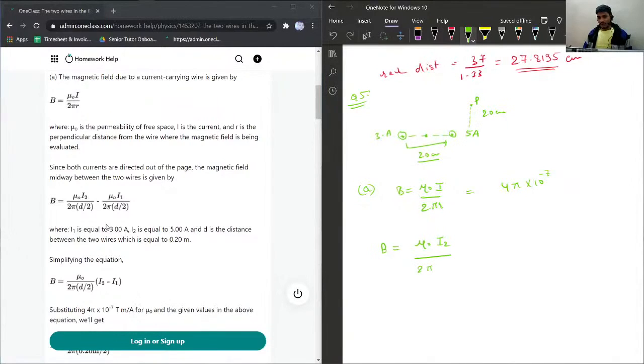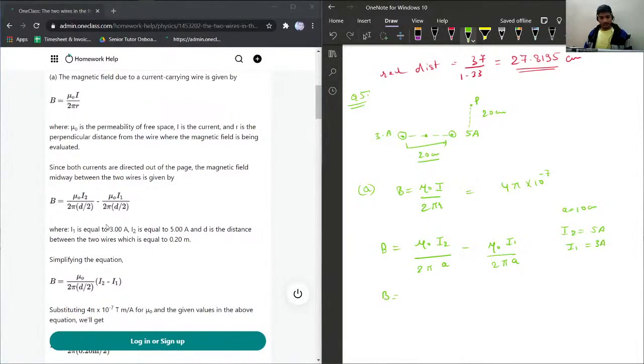Now r will be A, which is going to be 10 centimeter, because we are calculating at this midpoint, minus mu naught I1 over 2 pi, and again this distance is A. My I2 will be 5 ampere here, and I1 will be 3 amps.